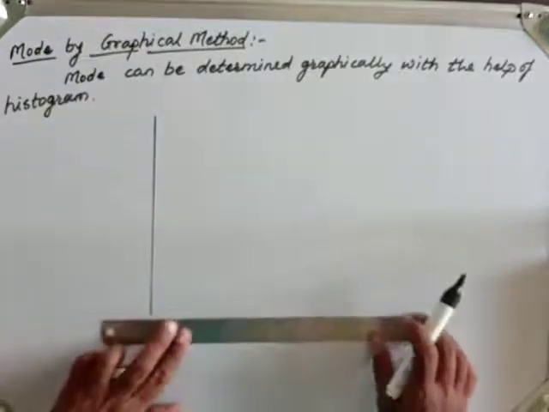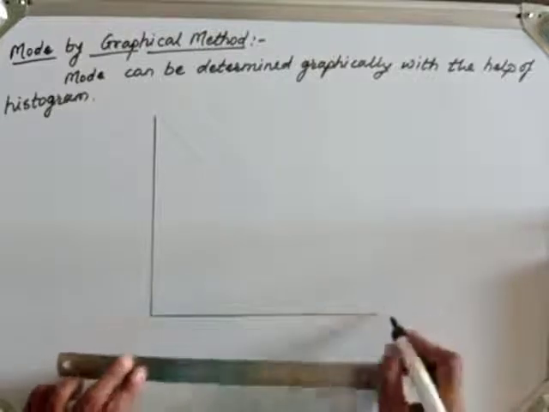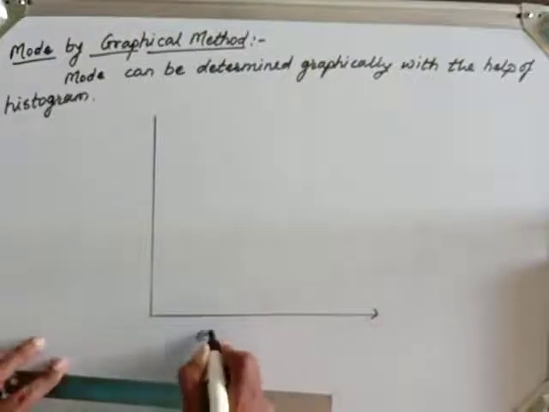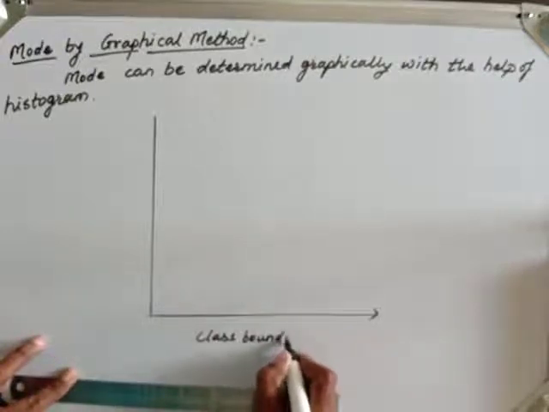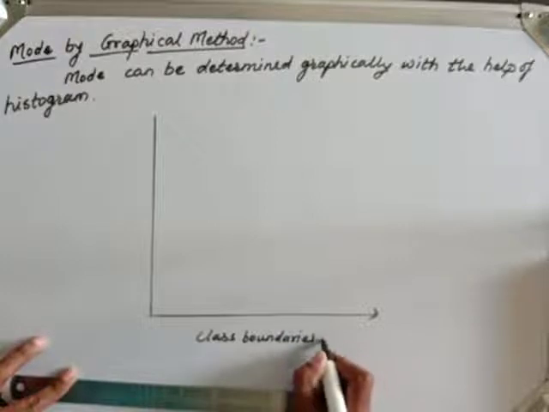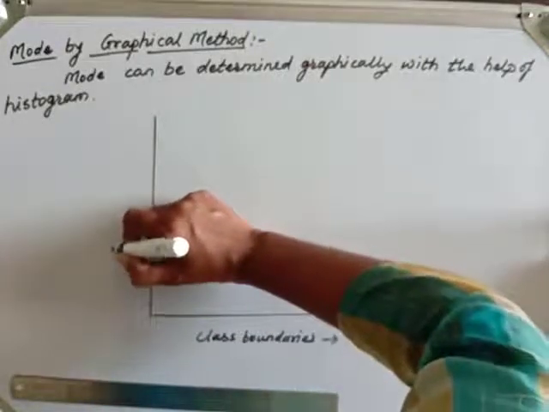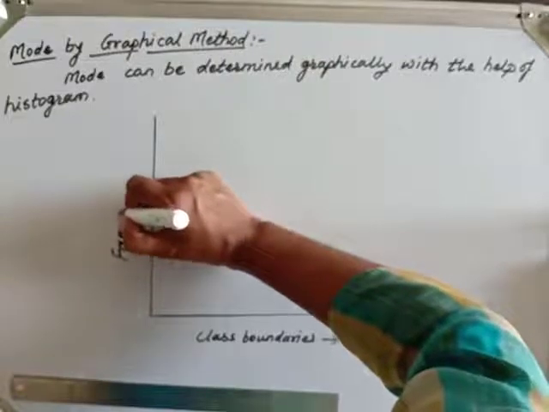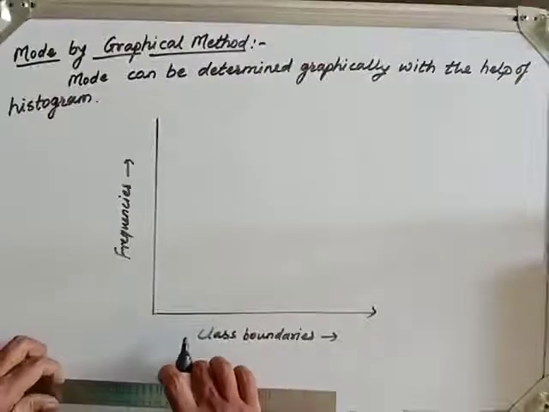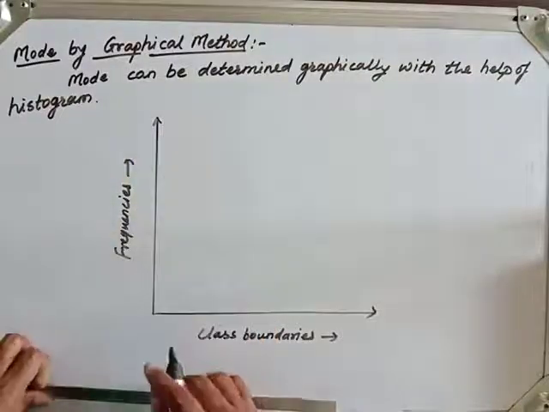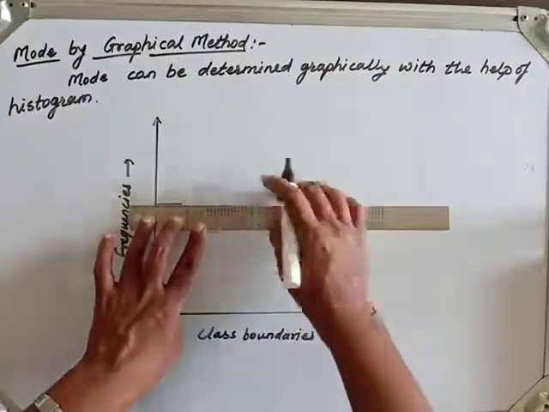Suppose we draw the histogram with the class boundaries here, in increasing order, and here we write the frequencies.